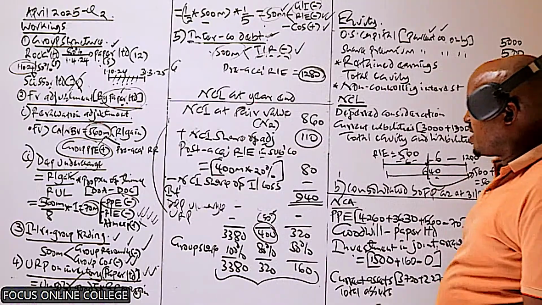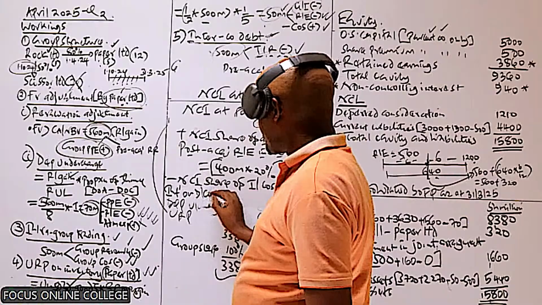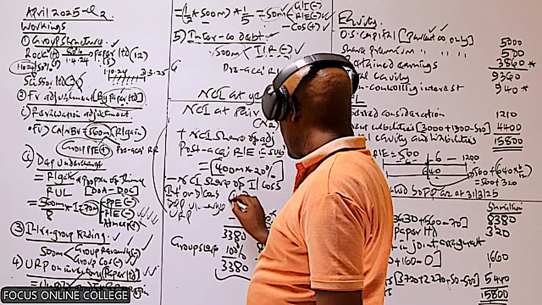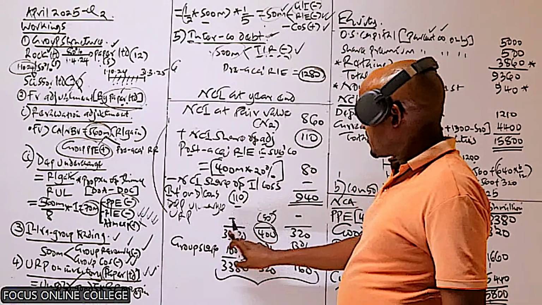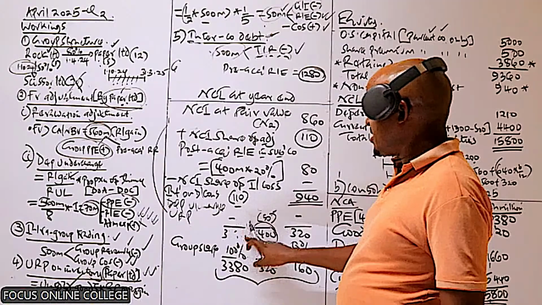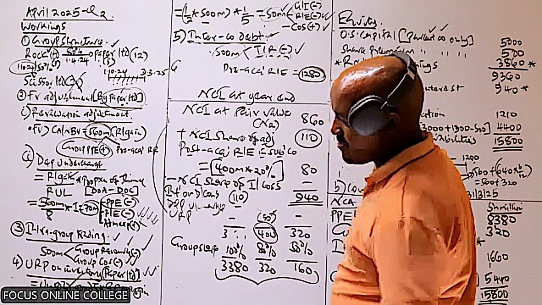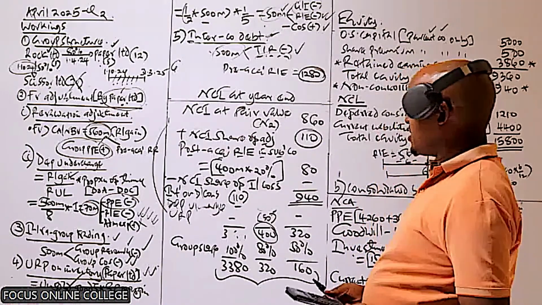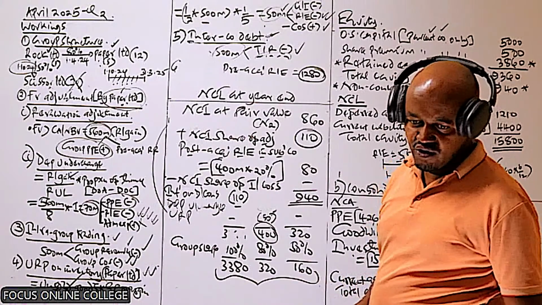So the interest on deferred consideration should be deducted from the retained earnings of the parent. It was supposed to be accounted for as an expense by the parent, but it had not accounted for that in the income statement. Was it accounted for by the parent company? No. So that's why it should be deducted there.